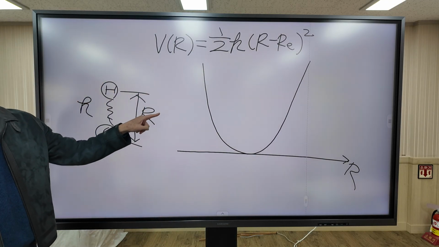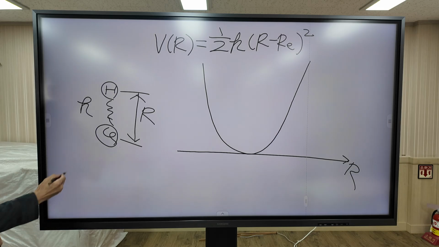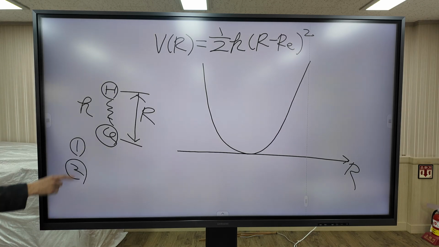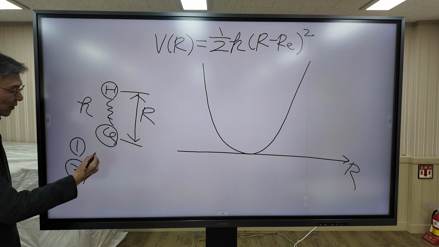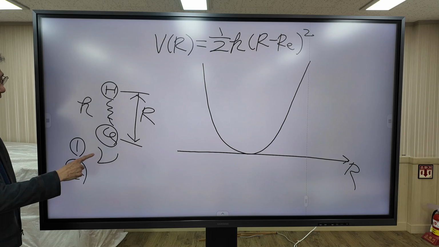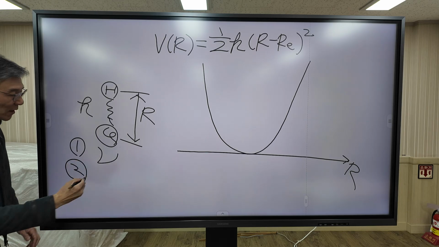Now, with this potential energy curve, I can define two important characteristics of this molecule. The first one is vibrational frequency. According to a physics textbook, the vibrational frequency is given by the following expression.